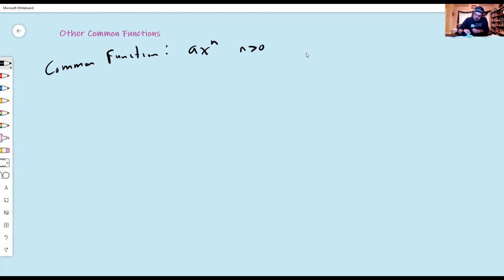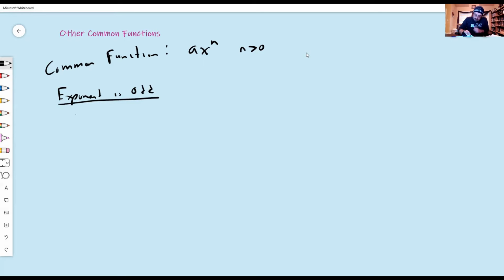For most all of these, we're going to break it down into: is your exponent odd or is your exponent even? Exponent is odd would be first.